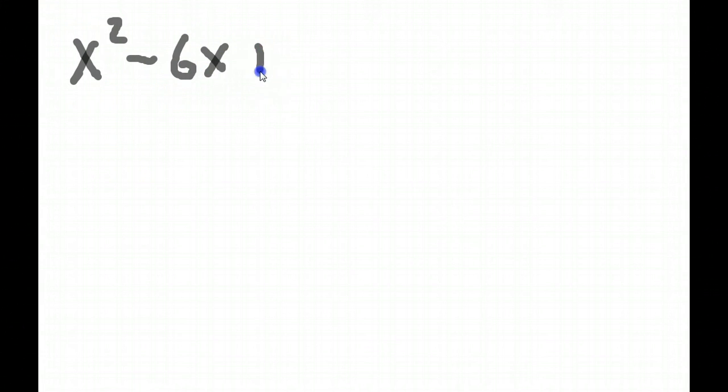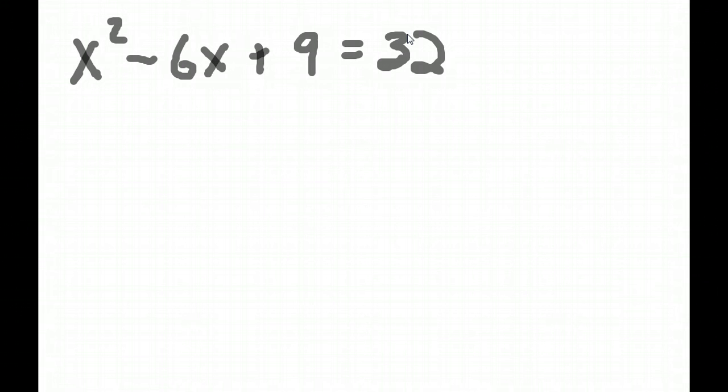So example 2 says x squared minus 6x plus 9 equals 32. Okay, so we're going to complete the square. This time we're not going to get integers, but we can still complete the square. Looking at the left side, we have x squared minus 6x plus 9.